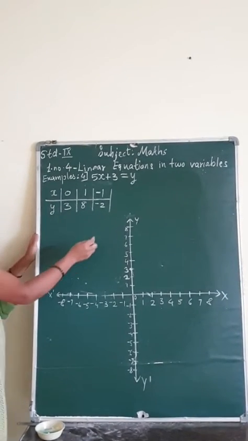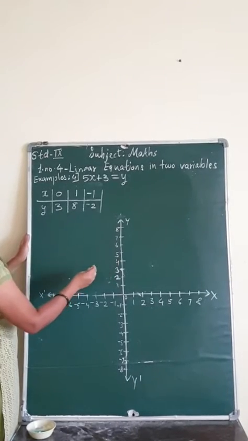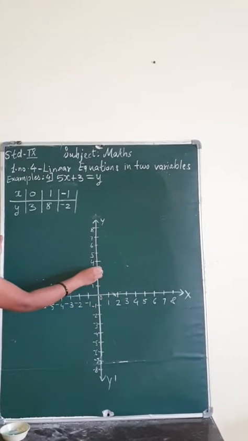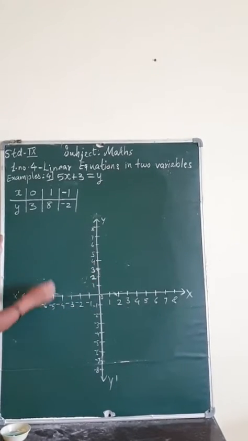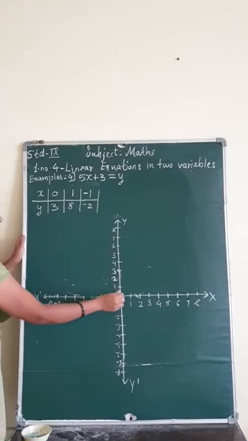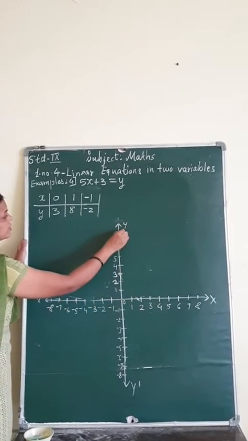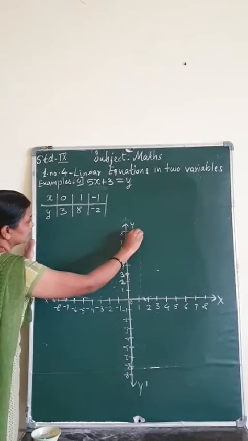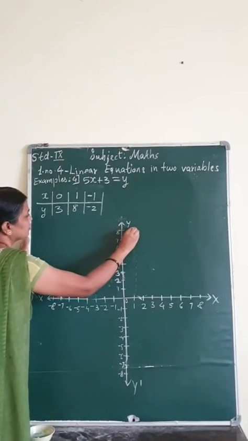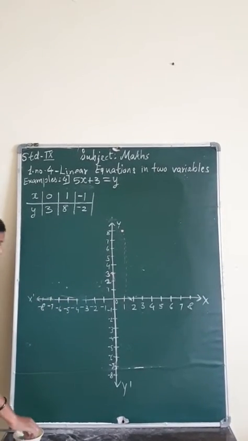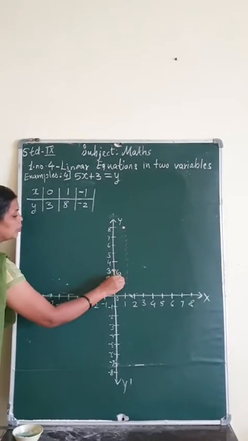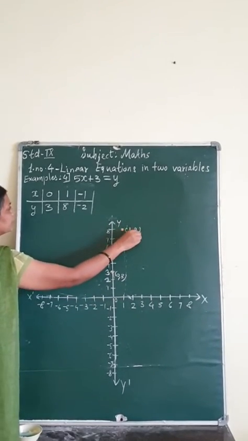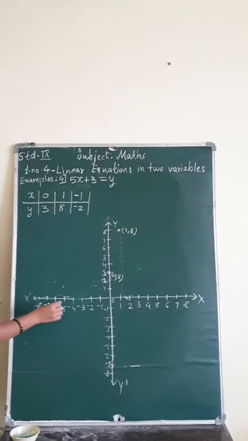Plotting these points, let's see what graph we get. The first is 0, 3. Then 1, 8. So this is 1 and this is 8. We can write here: 0, 3; 1, 8; minus 1, minus 2.